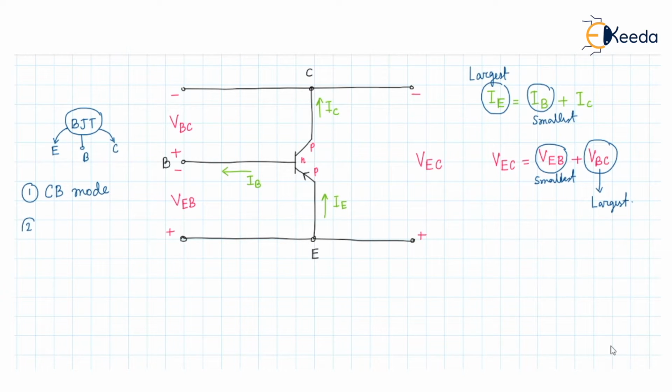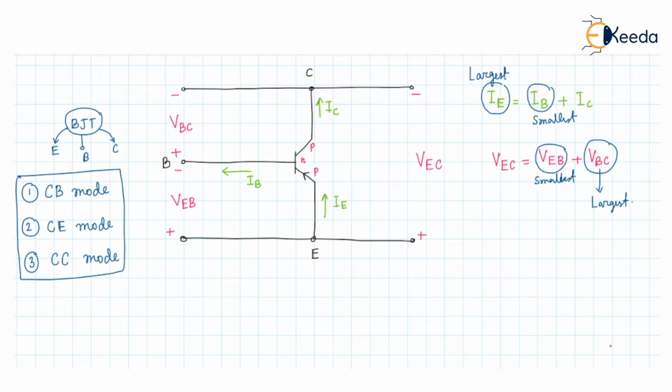The second one is the common emitter mode, where the emitter terminal will be common to both the input circuit and the output circuit. And the last one is the common collector mode connection, where the collector terminal will be common to both the output and input circuit.